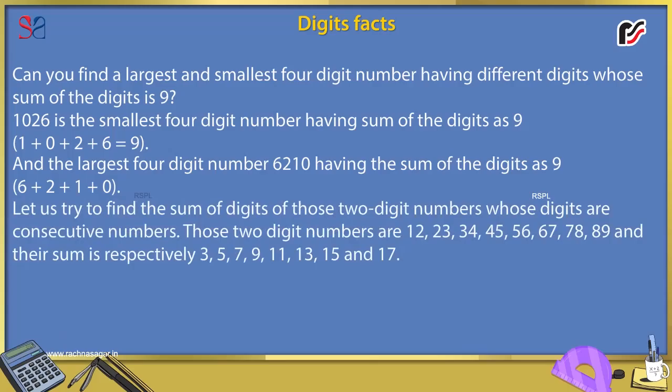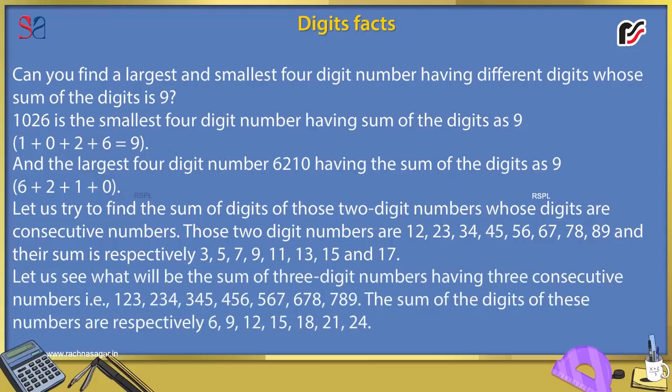Let us try to find the sum of digits of those 2-digit numbers whose digits are consecutive numbers. Those 2-digit numbers are 12, 23, 34, 45, 56, 67, 78, 89 and their sums are respectively 3, 5, 7, 9, 11, 13, 15 and 17.